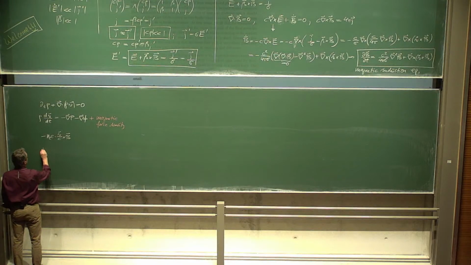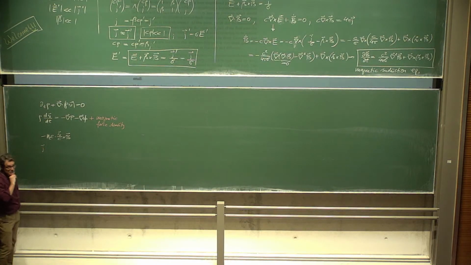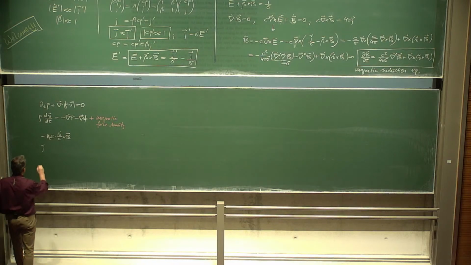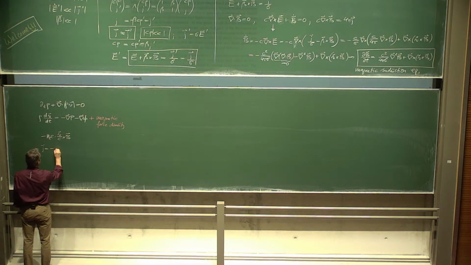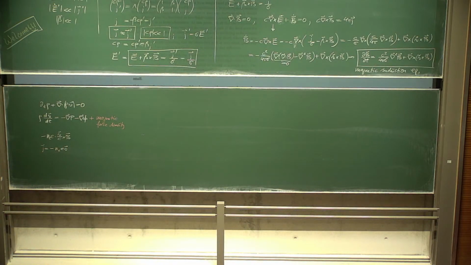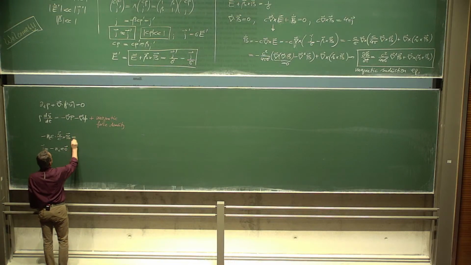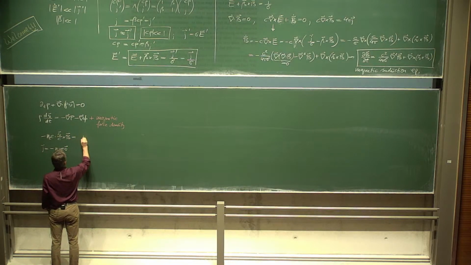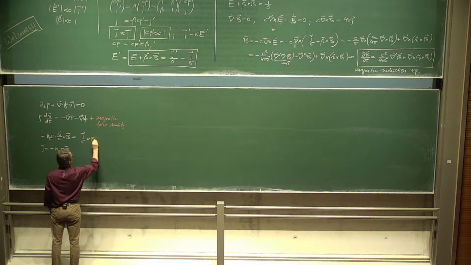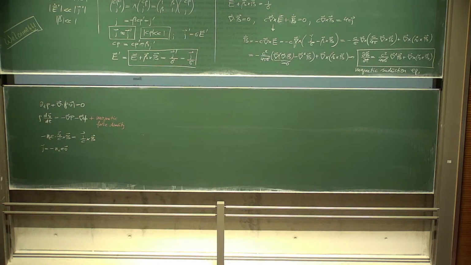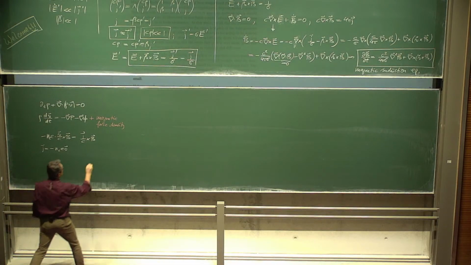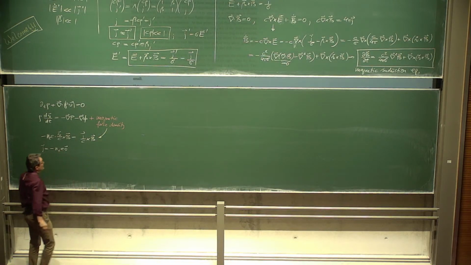But now, if I look at the charge current density of the electrons, right, this is going to be minus n_e e times v. Okay, so the magnetic force density is just J over c cross B. All right.